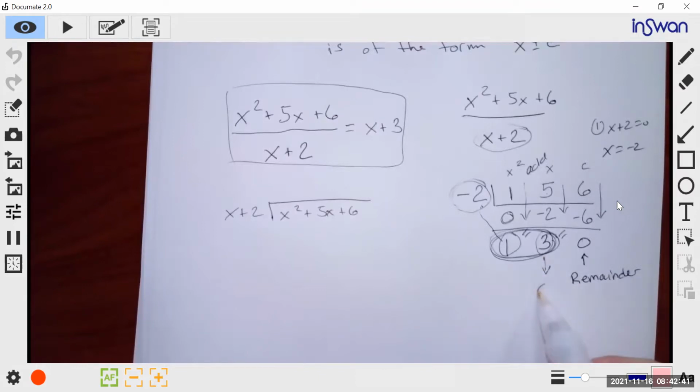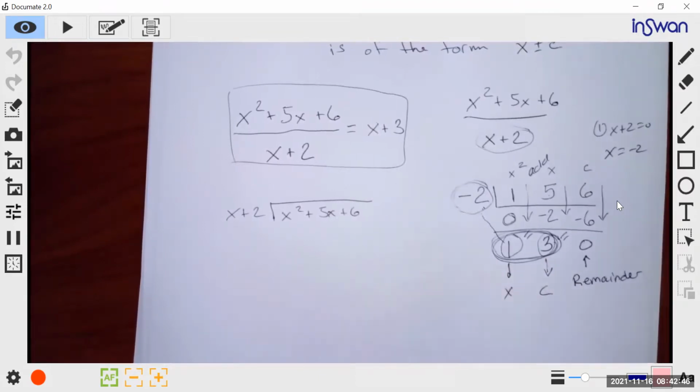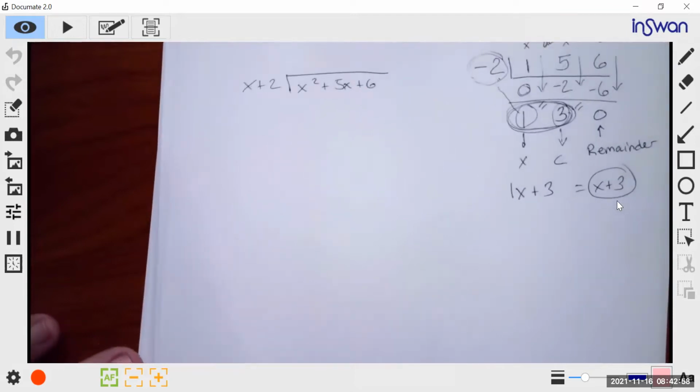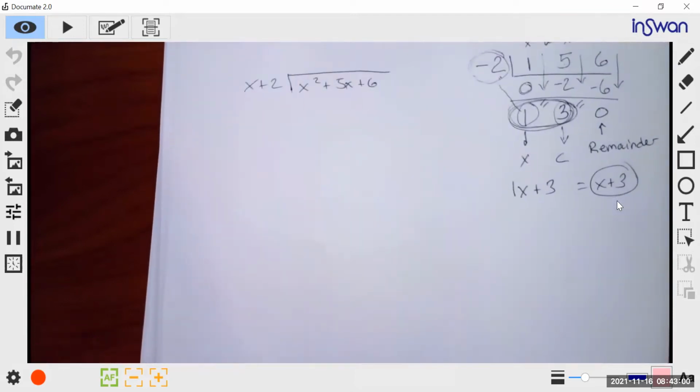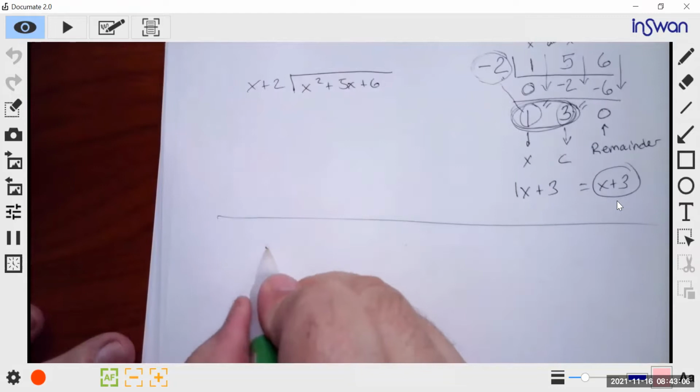The last one's the constant, the next one's the x, and it builds up from there further. So our answer is 1x plus 3, or x plus 3. Let's try another.